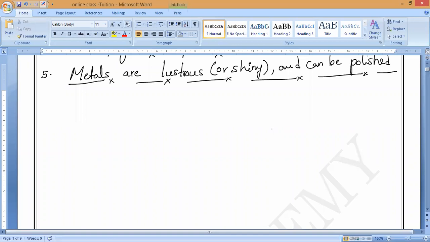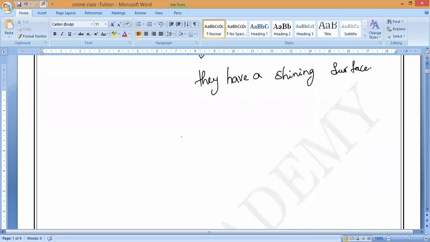So what do you mean by metals are lustrous? They have a shiny, shining surface. That is the meaning of lustrous. Is it yes, guys? For example, if we take the best shining surface metal, what is that, guys? Gold.